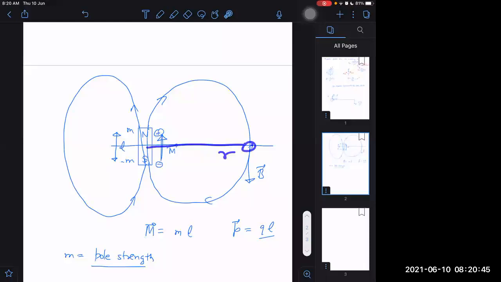After finding the field, we can get M by applying the formula K M by r cube. We know the field value, so we can find M. That will be the experimental way to determine M. Once we know M, we can define the pole strength, just to make the formula look exactly symmetric, exactly like electrostatics. That is the reason.